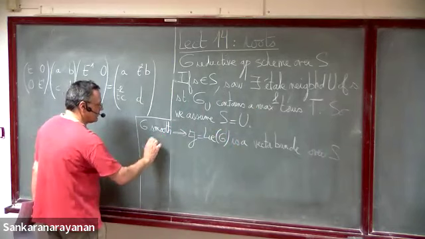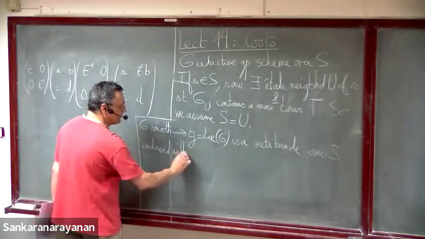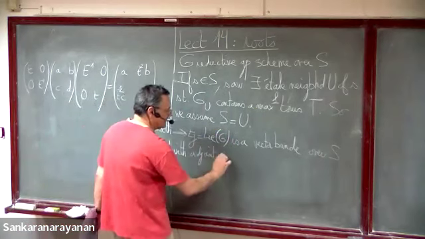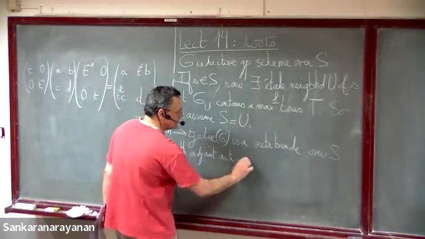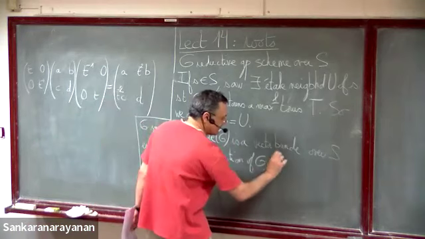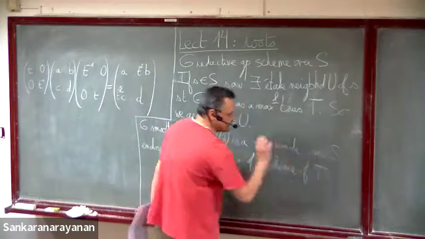And it is endowed with the adjoint action of G itself, and in particular of the torus.